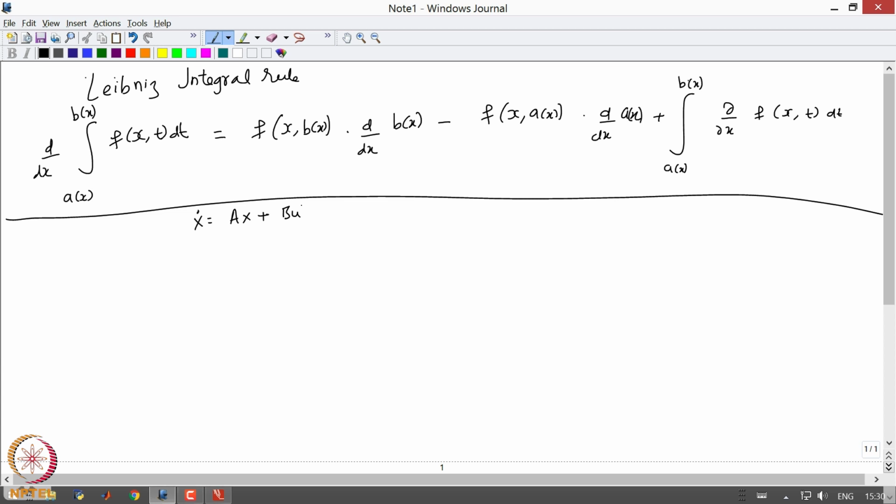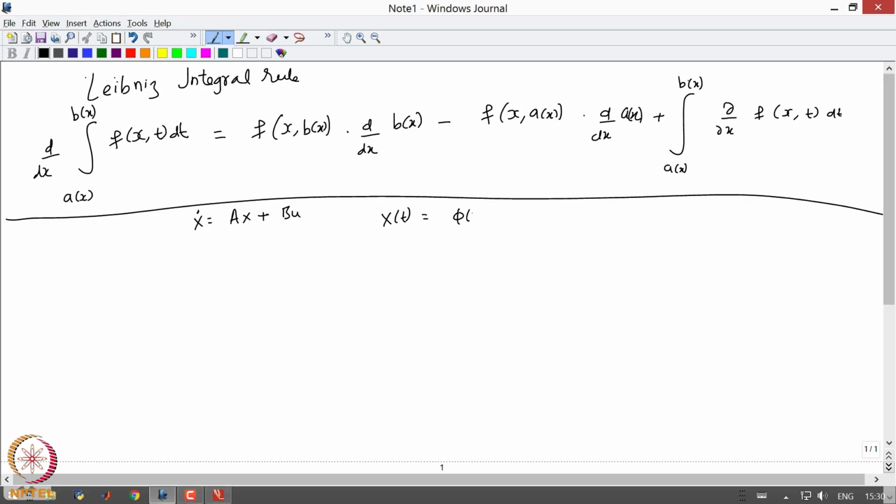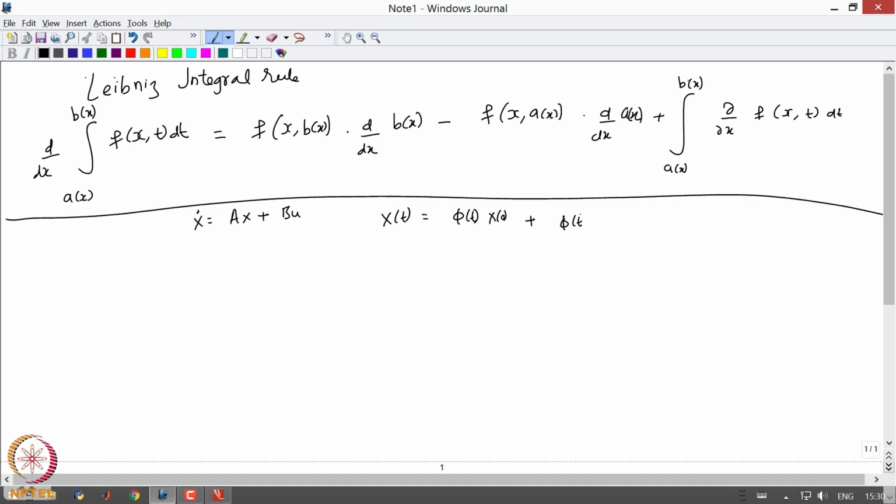Okay, so what I propose as a solution to this set of equations is the following: x of t, written in a bit of a general form, is phi of t x naught plus phi of t integral 0 to t phi of minus tau B u(tau) d tau.